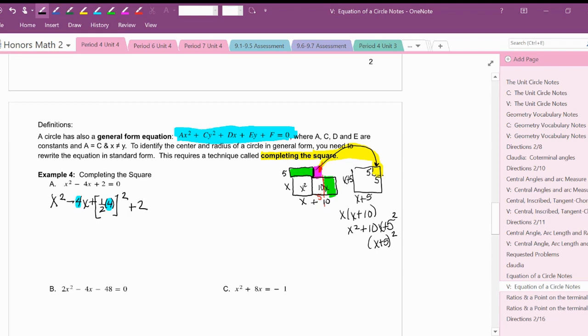But that changes, as we saw, the area here physically. So if I don't counteract that, I am going to change this quadratic. So then I also have to subtract off that same amount.